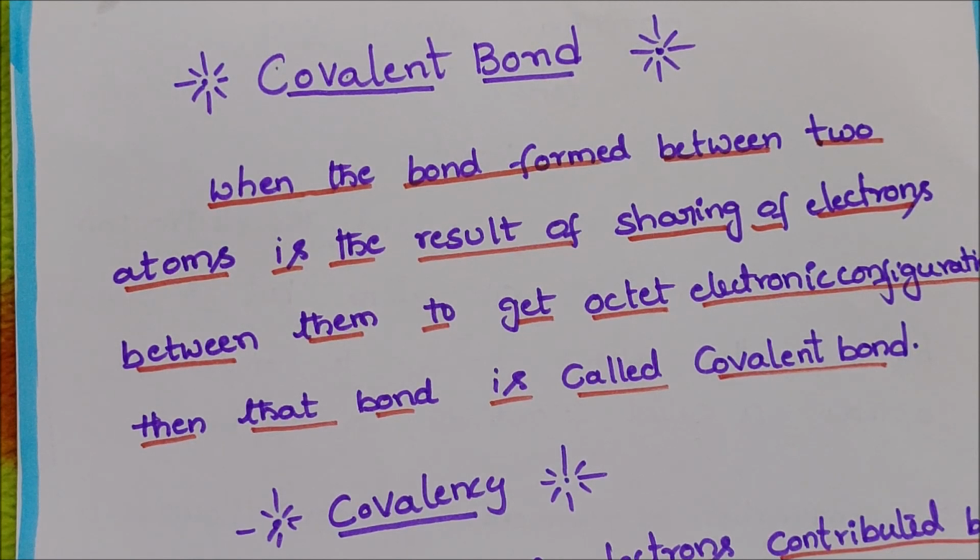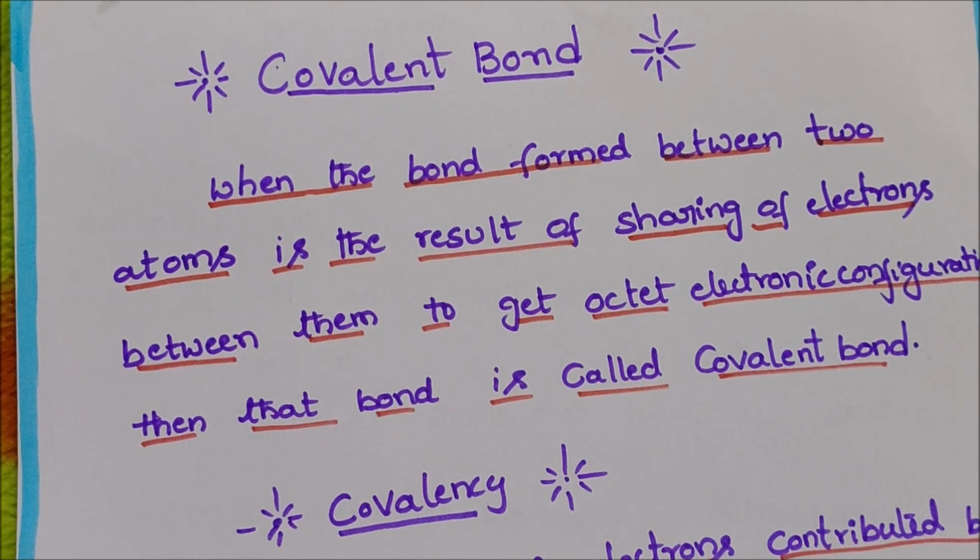Polar covalent compounds dissolve in polar solvents, and non-polar compounds dissolve in non-polar solvents. They are used as insulators. They undergo molecular reactions, which are very slow.